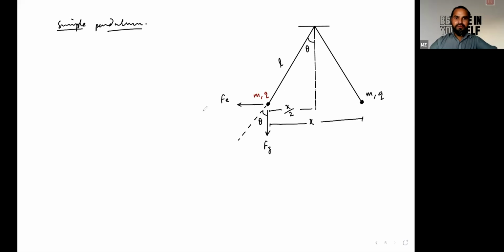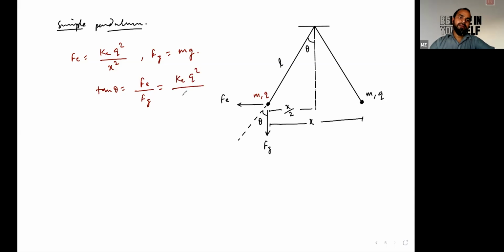This is called electrical repulsion or electric repulsive force. Now, the electric force between them will be F equals K Q1 Q2 by separation x squared. Similarly, force due to gravity would be mg. For this particular theta, this is your base and this is your perpendicular, so tan theta equals perpendicular over base. This expression will become K Q square by mg times x square. Is it clear?